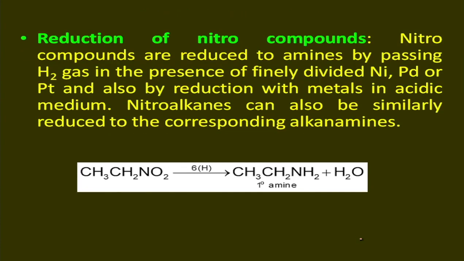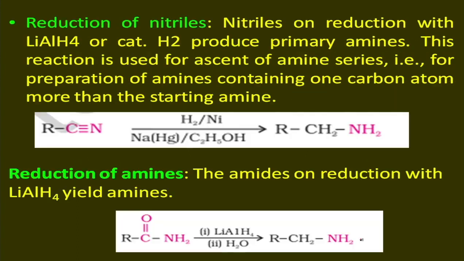Preparation of amines. Amines are prepared by reduction of nitro-compounds using finely divided nickel, palladium or platinum, and also by reduction with metals in acidic medium. Nitroalkanes can similarly be reduced to the corresponding alkane amine.